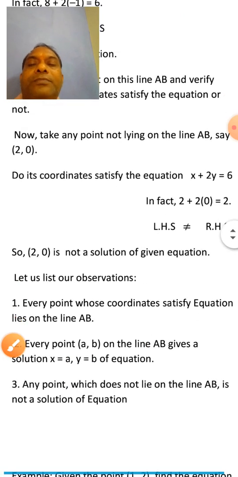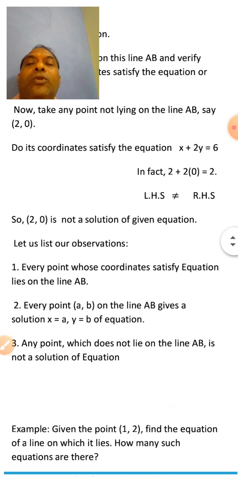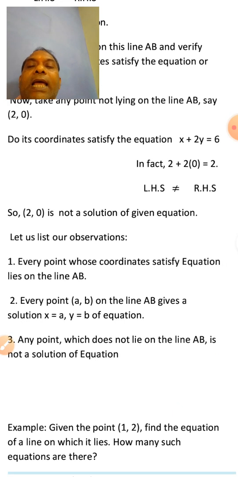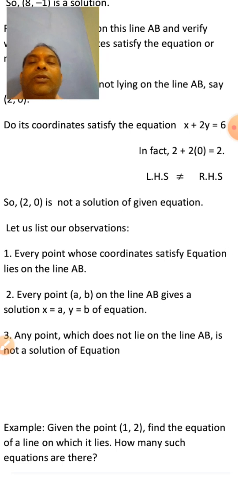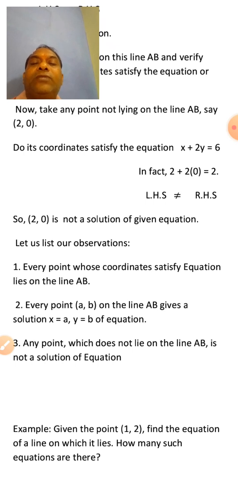Now let us list our observations. First, every point whose coordinates satisfy the equation lies on the line AB. Second, every point (a, b) on the line AB gives a solution x is equal to a, y is equal to b of the equation. Line AB means the given line.